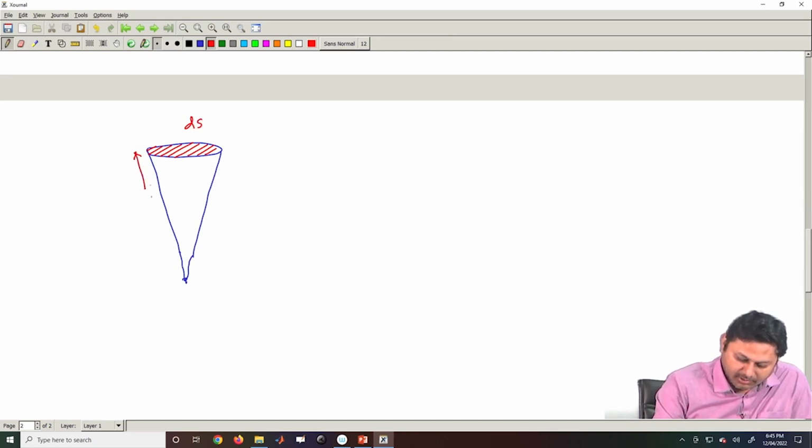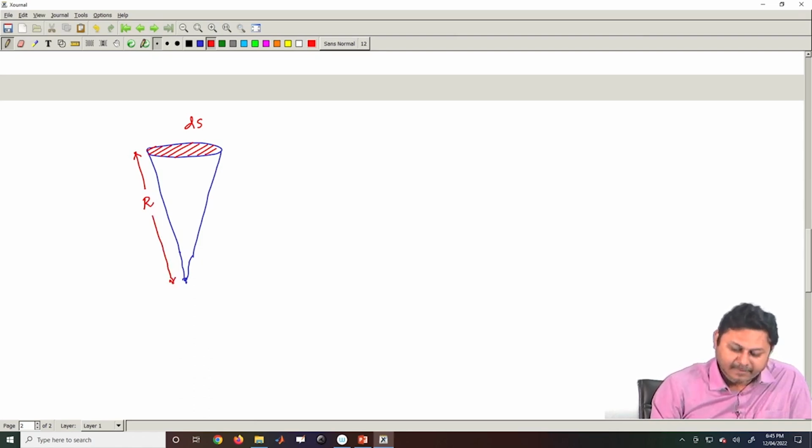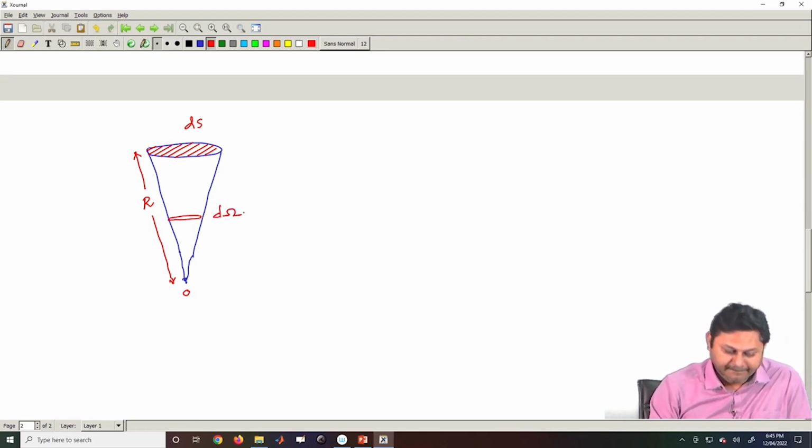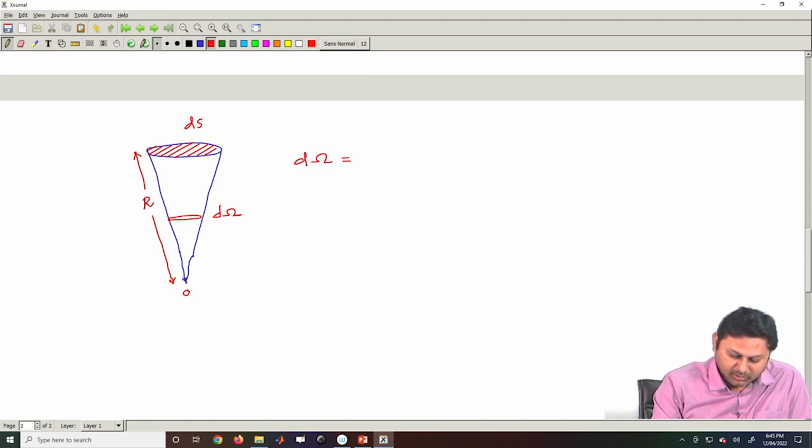From here to here the length is r, radius r, and this is say O, and we have an angle here, we call it solid angle, which is d omega say. Now, how will you define this d omega? This d omega is equal to this area ds divided by r square.